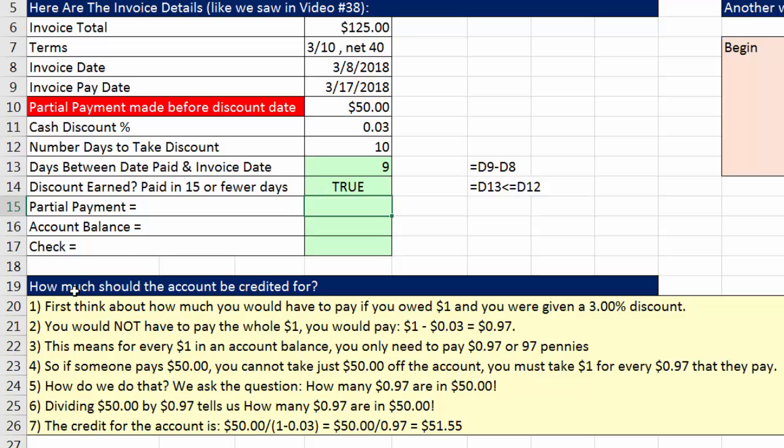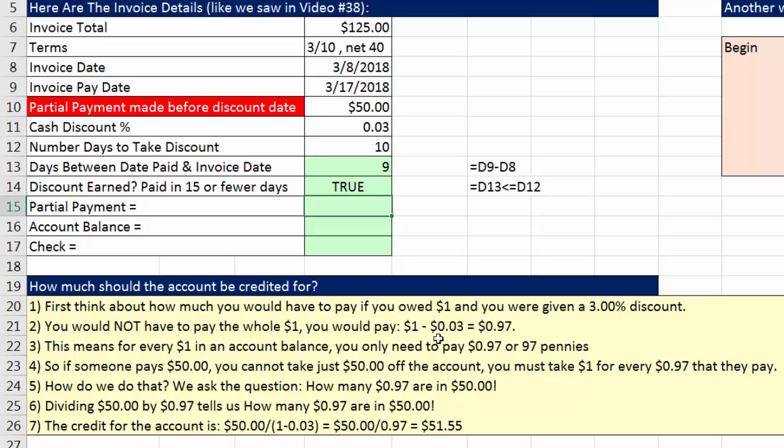Now, before we solve this with an increase-decrease problem, let's just think about common sense and how we could answer the question, how much should the account be credited for? First, think about how much you would have to pay if you owe just $1 and you were given a 3% discount. You would not have to pay the whole $1.